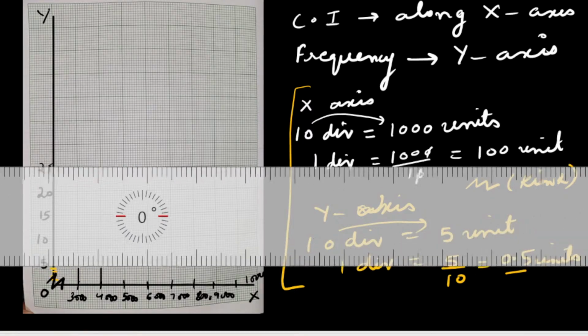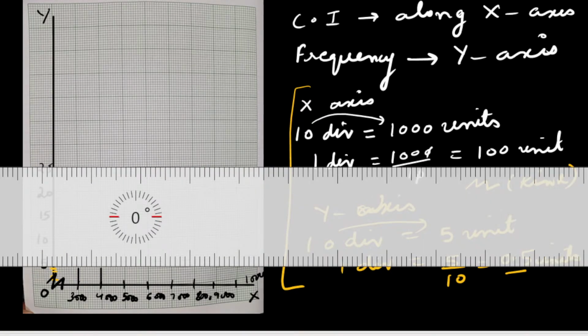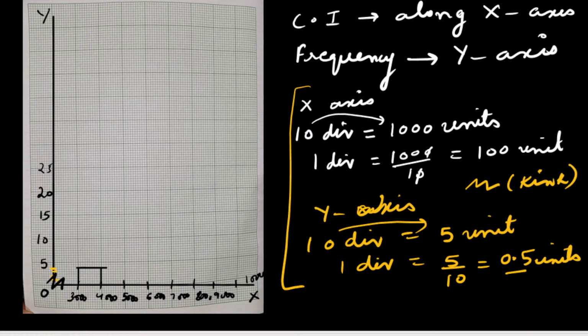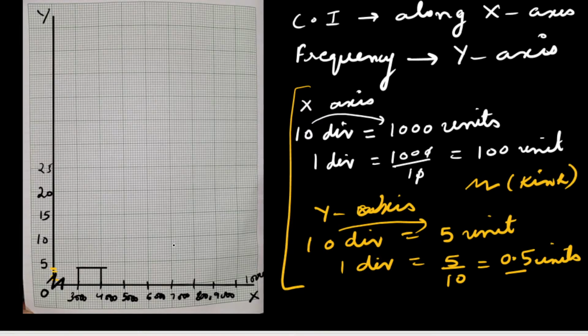With the help of a scale, you have to draw this graph. This is not a freehand curve. So the first bar is done. Okay, Nikita has already found the mode. Very good.